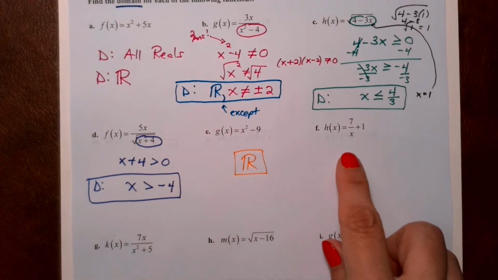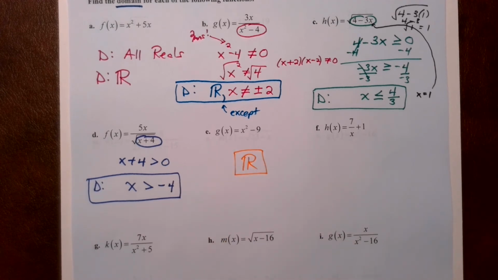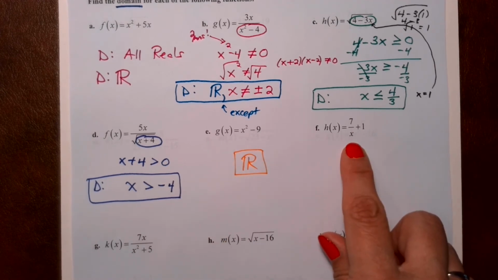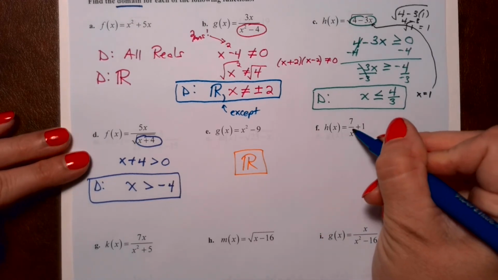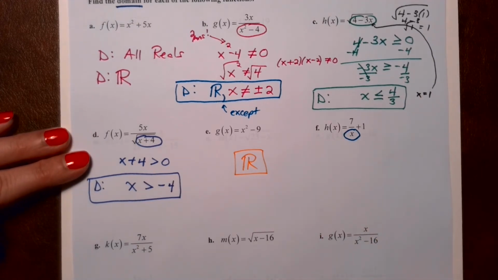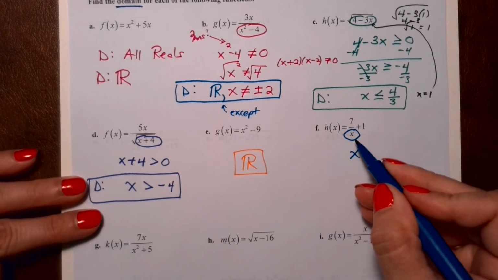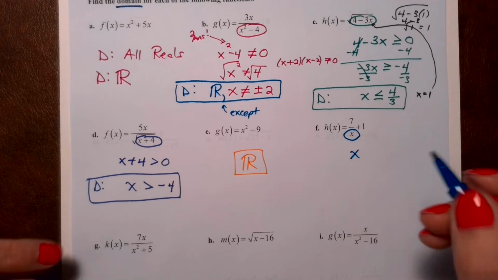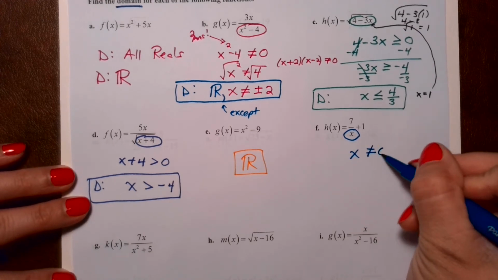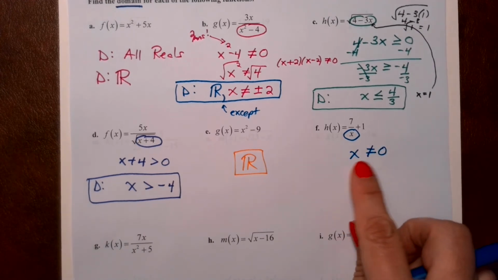Okay, letter F. Sometimes they're fast, right? For letter F, I'm looking at the problem and I'm trying to find, oh, I see this little tiny denominator. Okay, so I write down the expression. Since it's in the denominator, denominators cannot equal 0. How do you solve this?